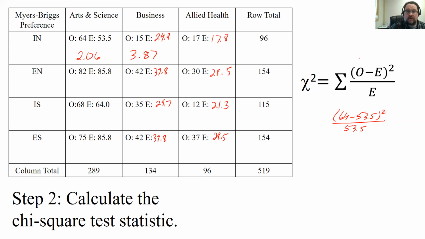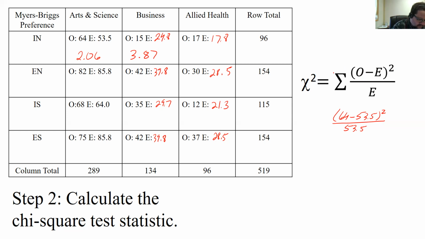So notice if this was a perfect match for the expected, each of these would be 0. You'd have the same number for the observed minus the expected, and then you'd get 0, and then you square it and divide, and you'd still get 0. So the larger this value is, the more different the observed and the expected are from each other relative to the size of the expected value.